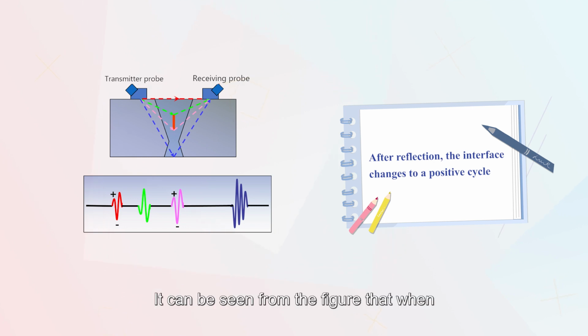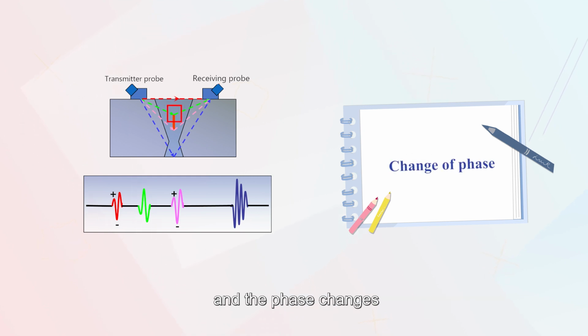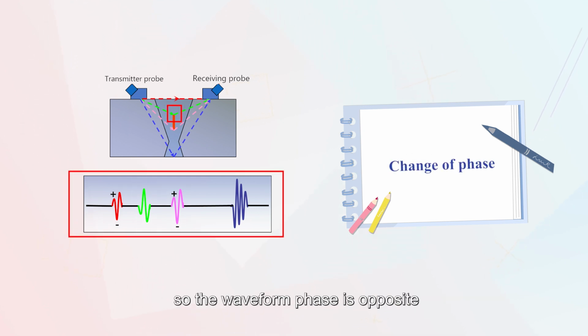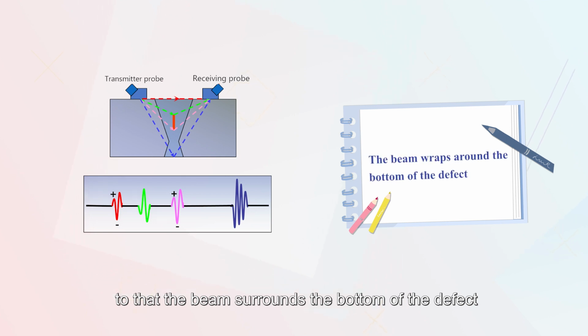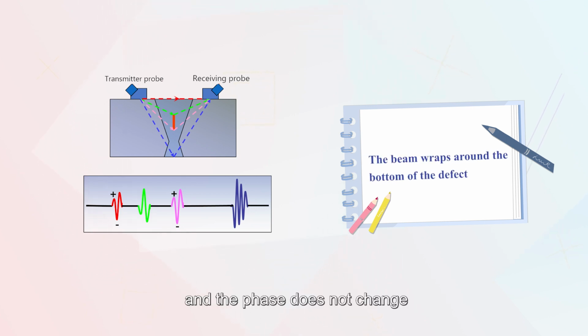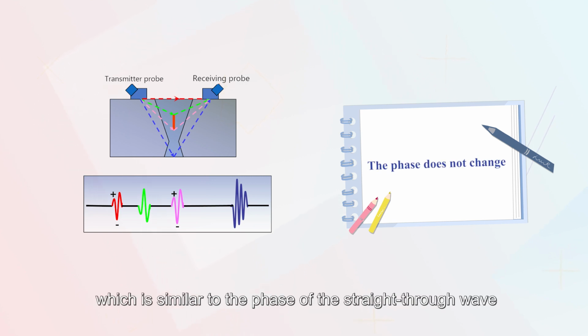It can be seen from the figure that when the beam passes through the upper end point and the bottom surface of the defect, it is reflected at the heterogeneous interface and the phase changes, so the waveform phase is opposite. However, when the beam passes through the lower end point, it is equivalent to the beam surrounding the bottom of the defect, and the phase does not change, which is similar to the phase of the straight-through wave.